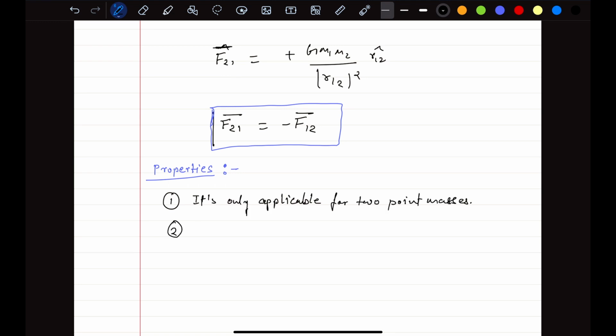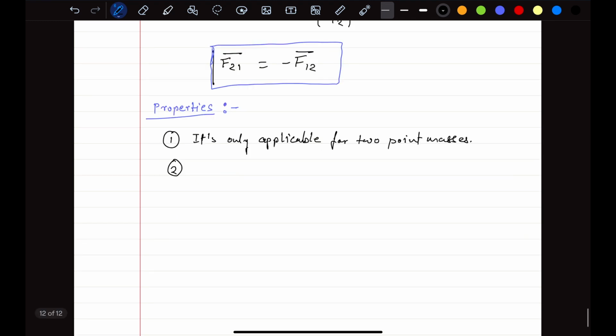Second, let's say there are multiple masses, point masses only, but there are multiple point masses. So let's say just take 3 masses, m1, m2, m3. Now I want to calculate the gravitational force on the m1. So there will be the gravitational force due to the m2 and due to the m3.